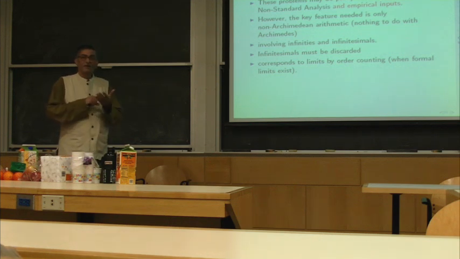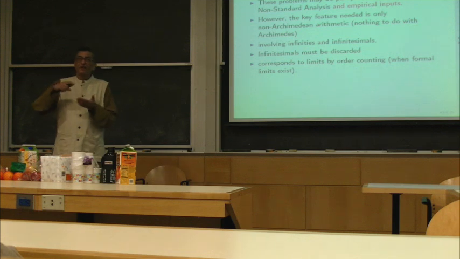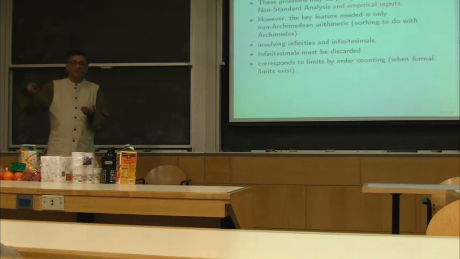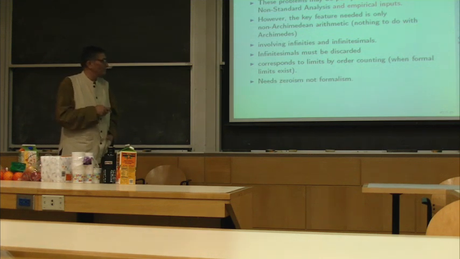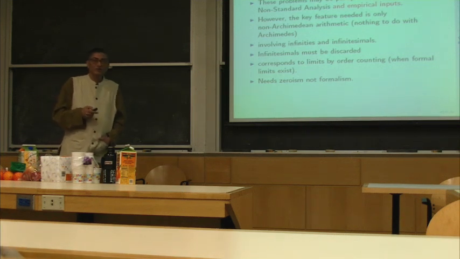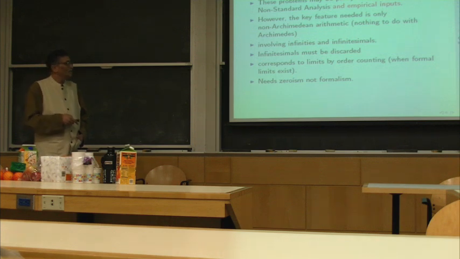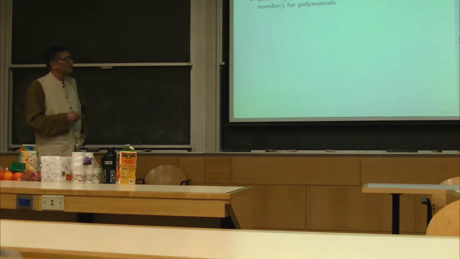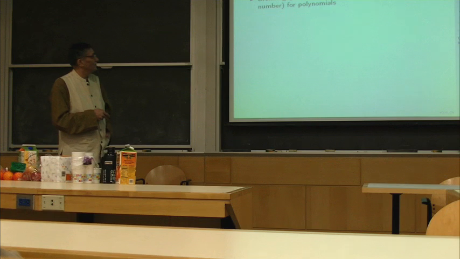Order counting, so if I have, let us say, x squared by x or x by x squared, you know that as x goes to infinity, that will go to 0. It needs a new philosophy which I have called zeroism, based on Shunyavad. It's not formalism. I don't think I'll discuss it right now because I want to finish this off.